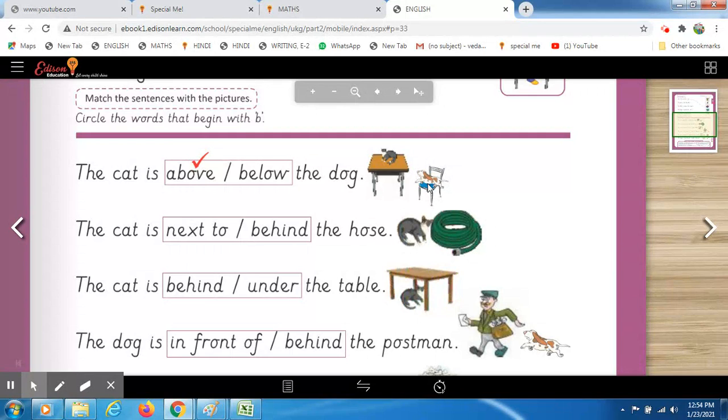See, the dog is on the chair and the cat is above the table, है ना? cat कहाँ है? टेबल के ऊपर है और also above the dog. dog से ऊपर है. So here we put a tick on above. below तो नहीं है. If cat यहाँ पर होती, dog की position पे होती, then you will say that the cat is below the dog. But here कहाँ है cat? डॉग से ऊपर है. सो हियर यू हैव टू पुट अ टिक ऑन above, right?